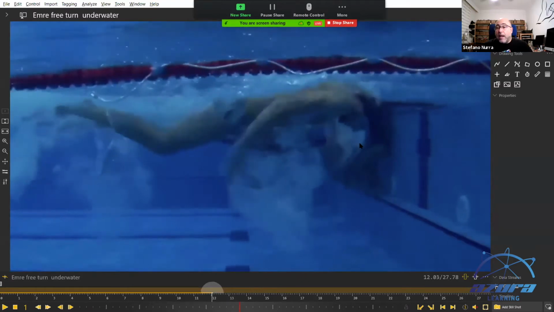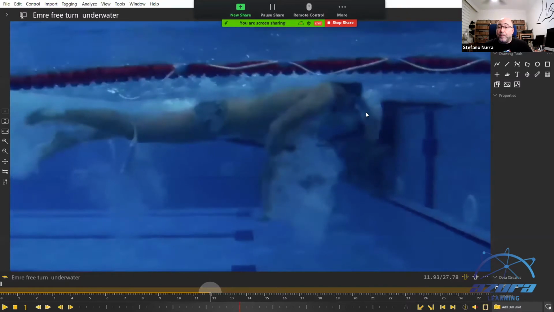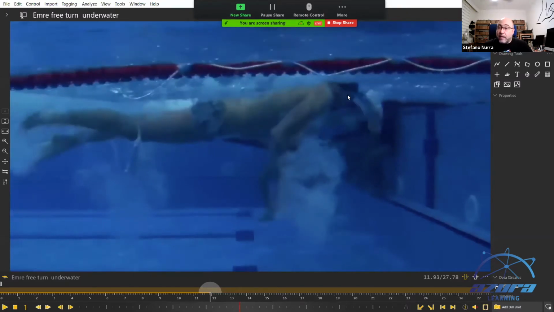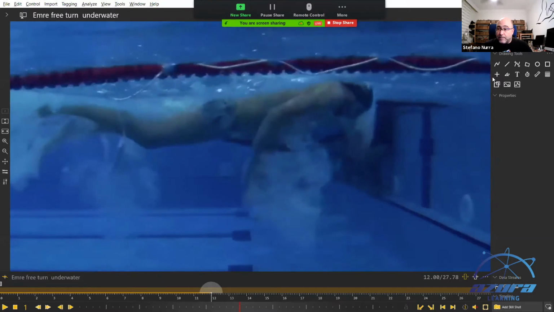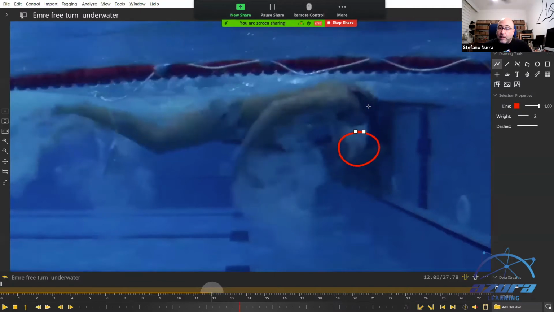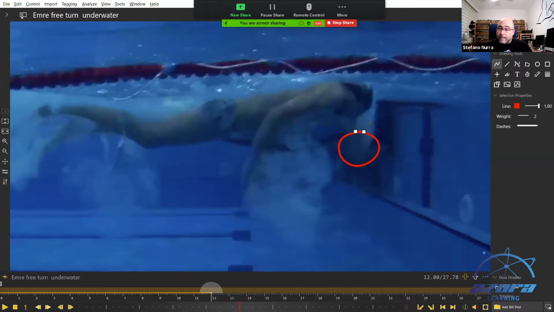I like, in this case, the coordination, so the timing between the last stroke and the start of rotation. We can see that the hand is in this point and the athlete is starting the rotation. This is a very good coordination for a sprinter.